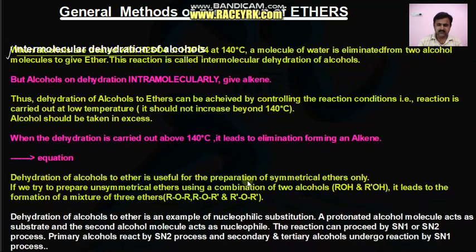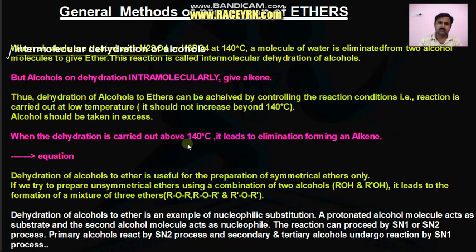And let us see one more important factor: dehydration of alcohols to ethers is what kind of reaction? That is called a nucleophilic substitution reaction. A protonated alcohol molecule acts as the substrate and a second alcohol molecule acts as the nucleophile.